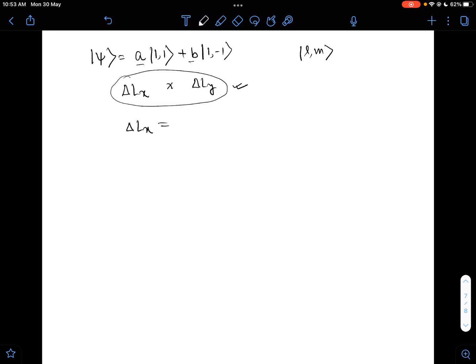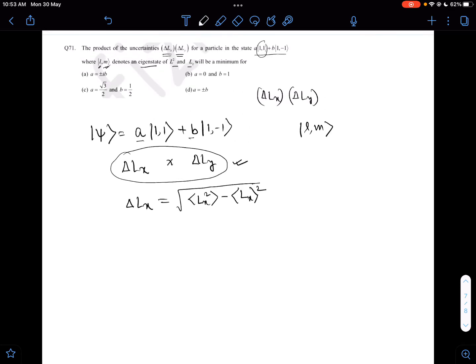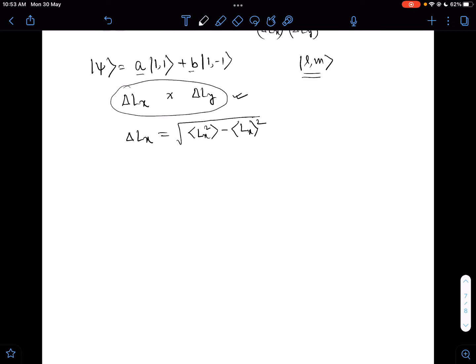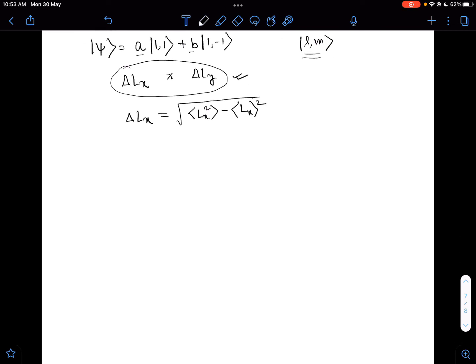So delta Lx, we know, is the square root of Lx square average minus Lx average squared. This state |L,m> is not an eigenstate of Lx. So to make the calculation easier, we will replace Lx with the help of the raising and lowering operators, L plus and L minus.